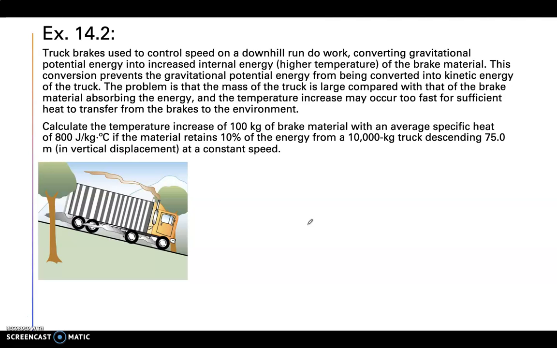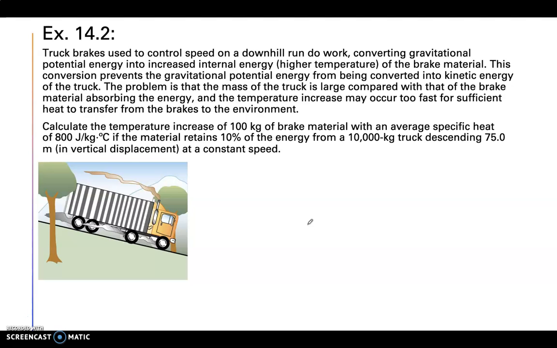This conversion prevents the gravitational potential energy from being converted into kinetic energy of the truck. The problem is that the mass of the truck is large compared with that of the brake material absorbing the energy.